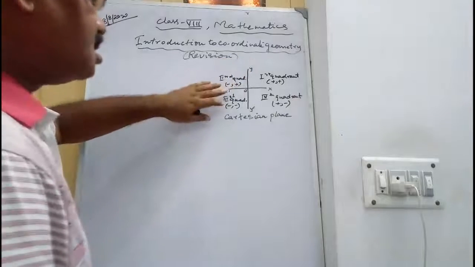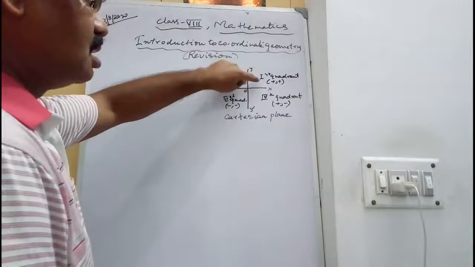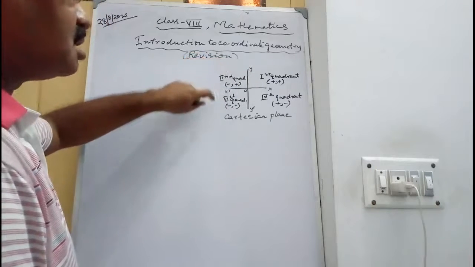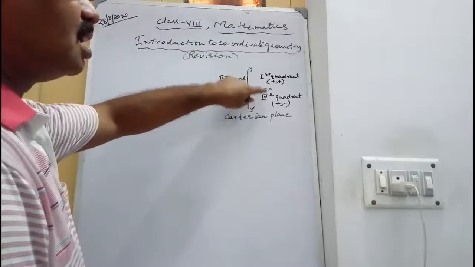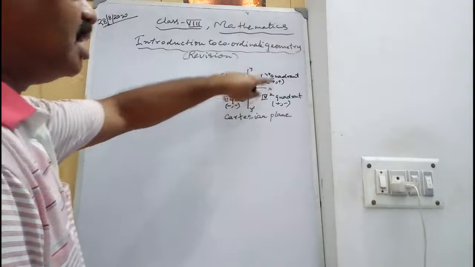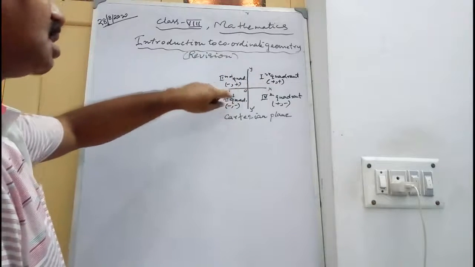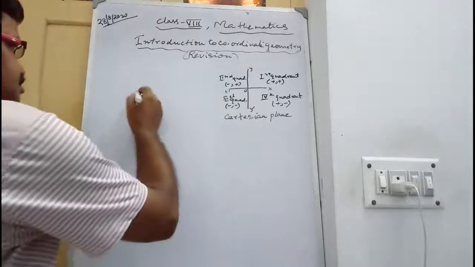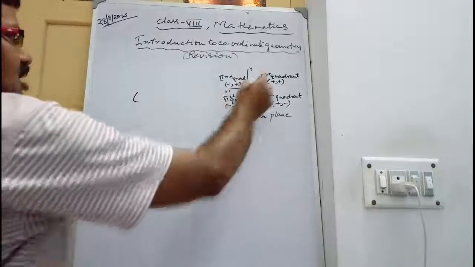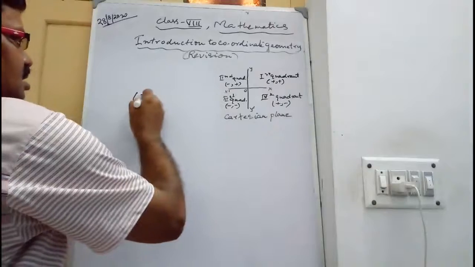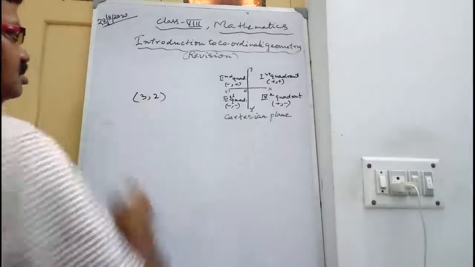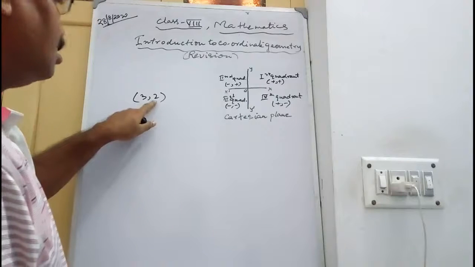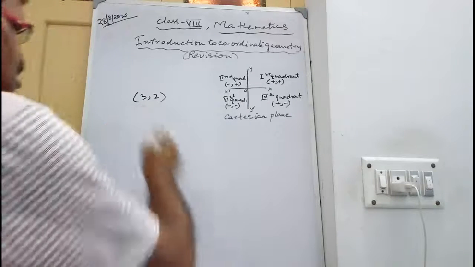So the total regions are divided into 4: first quadrant, second quadrant, third quadrant, and fourth quadrant. In this way, the values of x and y lie. When you take x and y, suppose you take the values 3 and 2. 3 shows the value of x, 2 shows the value of y.